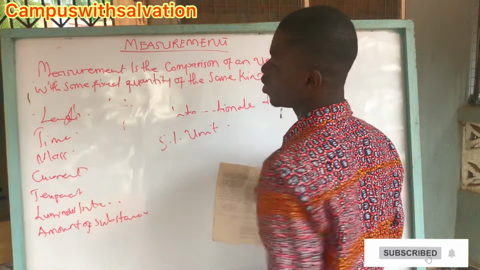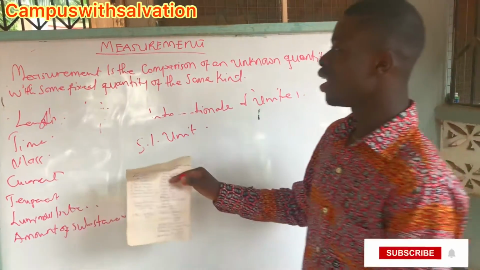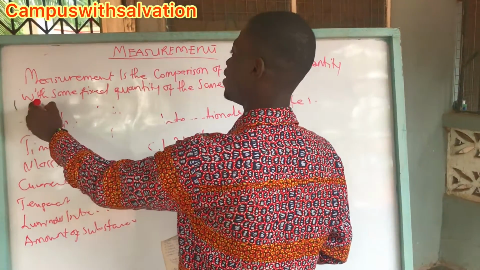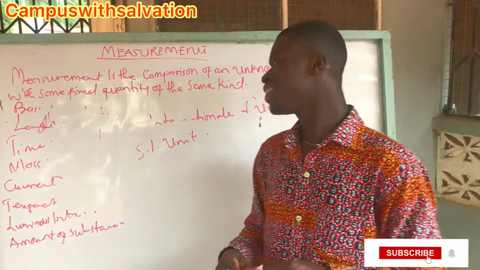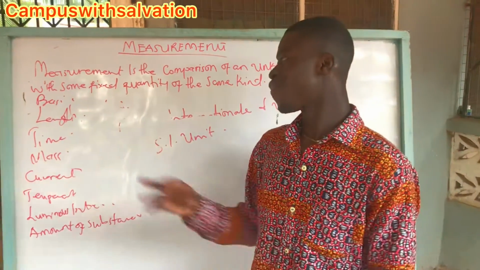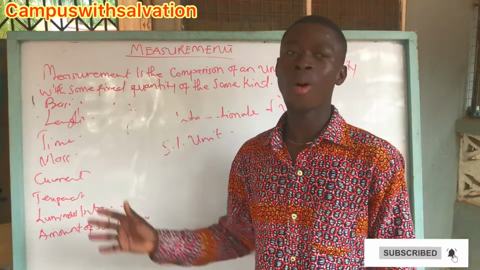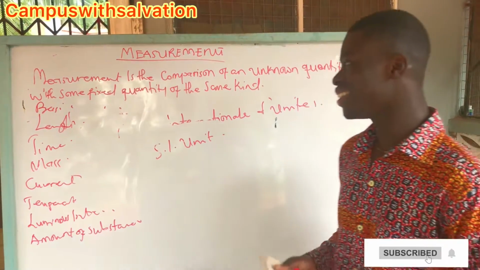Okay, so let's deal with the basic quantities first, and before then we go to the derived quantities. The derived quantities can be obtained from combining 2 or more basic quantities.